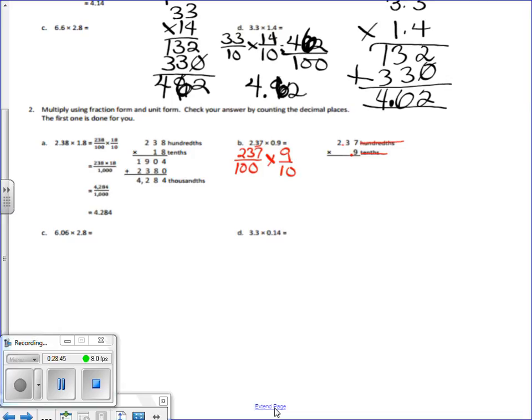There are no 1s. The only time you have to do something with the 0 is if it were that. There's a difference between this and that. This is tenths. This is hundredths. There's a difference.